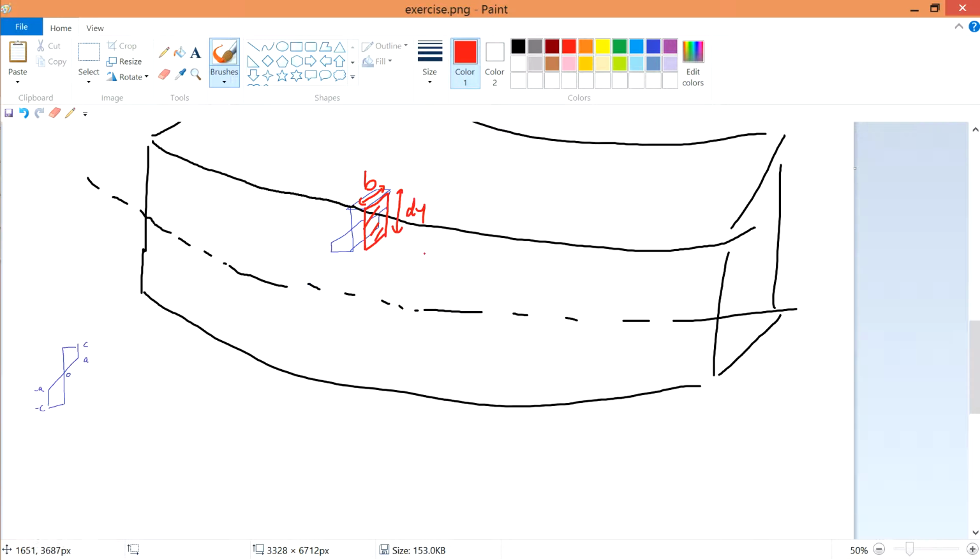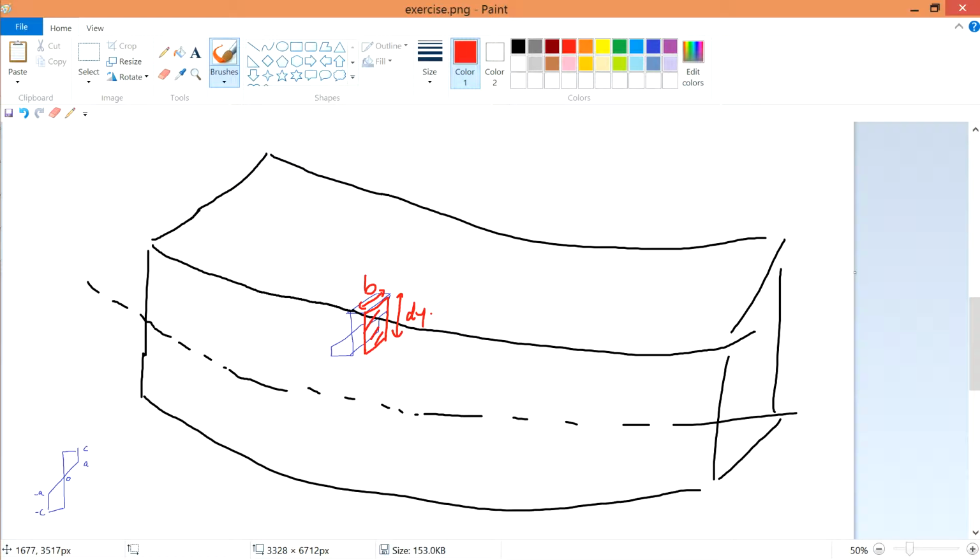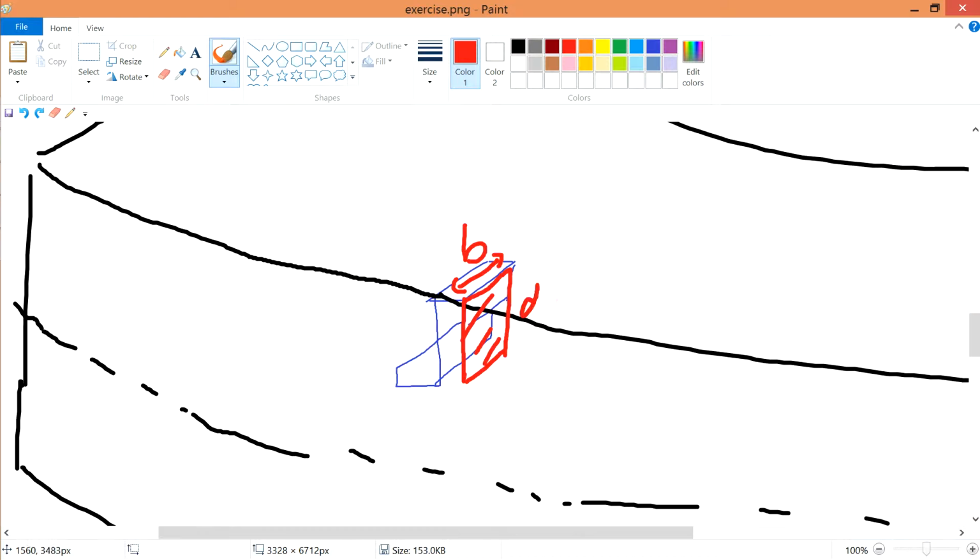Why is it dy? It's because we have stated that this particular length is y. It's the distance from whatever point you want to see to your neutral axis. So talking about y, dy is still something about the distance to the neutral axis. So b dy is simply your dA.